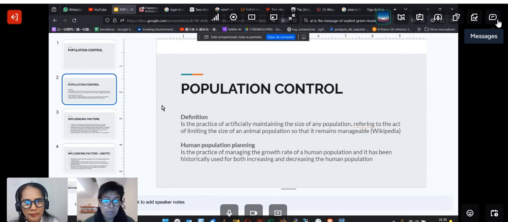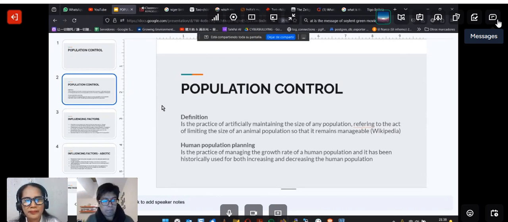And this definition, I will read it, is the practice of artificially maintaining the size of any population, referring to the act of limiting the size of an animal population so it remains manageable.